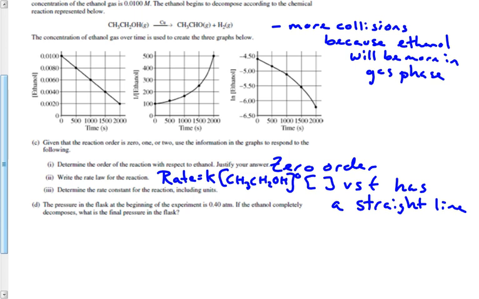Okay. So. Part III, determine the rate constant for the reaction, including units. So I'm looking for the rate constant. First off, rate equals K, correct? So what did we learn?